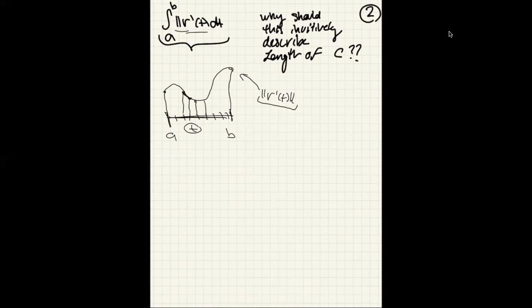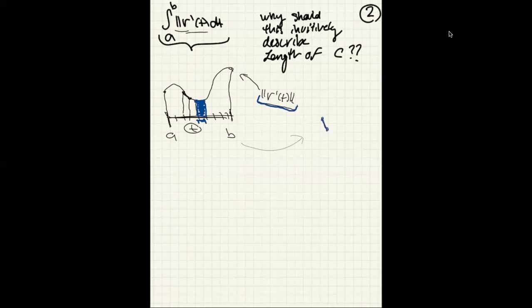Right here, I'm seeing some low values of this function. And because this is low, the instructions for constructing my curve say, okay, this blue segment is low, so when I move it over into 3D space, the blue segment doesn't really get very far. Maybe it only goes about this far.